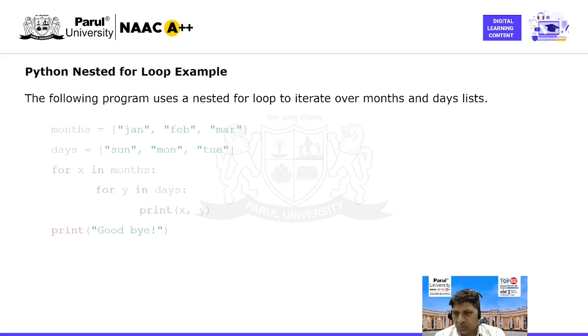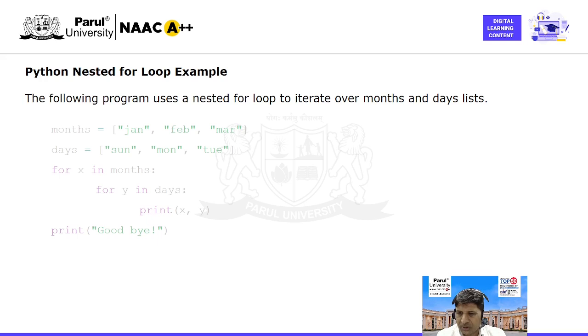the first loop takes every individual value from month. For example, first it takes Jan, Feb, and March one by one, and according to the month, it prints all days.